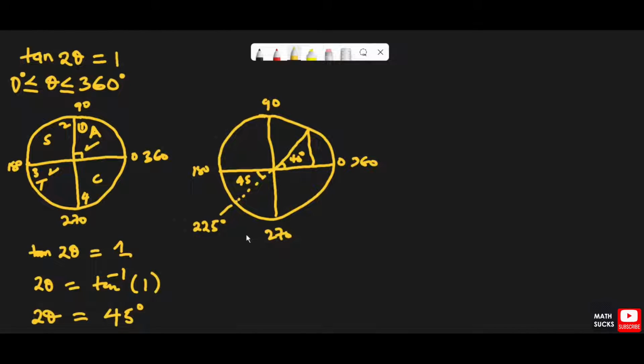Which takes us to 225 degrees. But realize that theta alone, which we are finding, we need to divide all these angles by 2, and so those angles are going to reduce and come back to a small value.